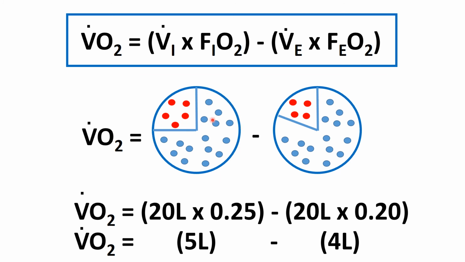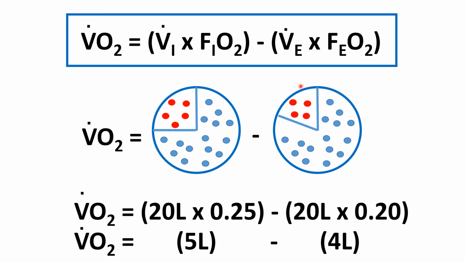So 25%, a quarter. Now let's say our expired air sample has the same volume. So VE equals VI. The volume is the same, but now we're breathing out less oxygen than we consumed, which should hopefully make sense because we're using oxygen.